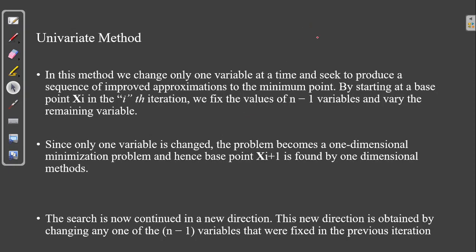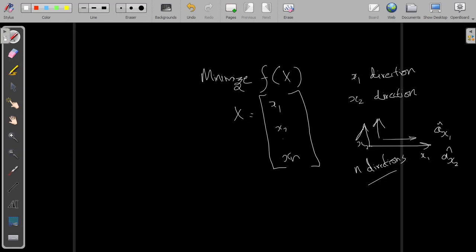For any unconstrained optimization problem, you should have an initial value of the vector x, denoted by xi. If the examiner has not specified the xi value, then you have to take it as all zeros.